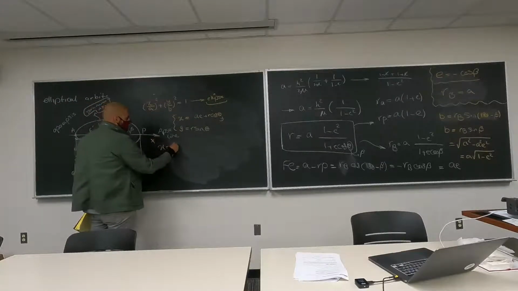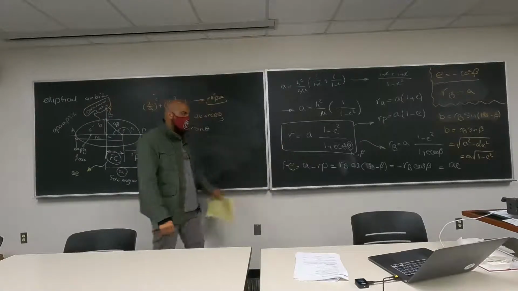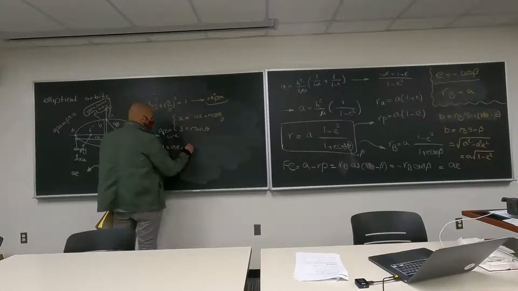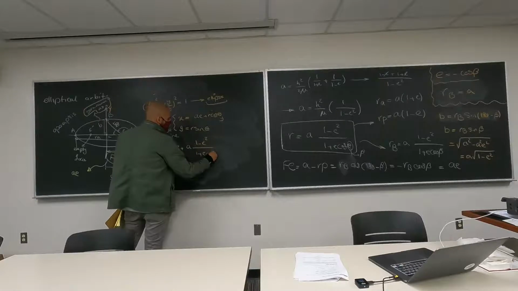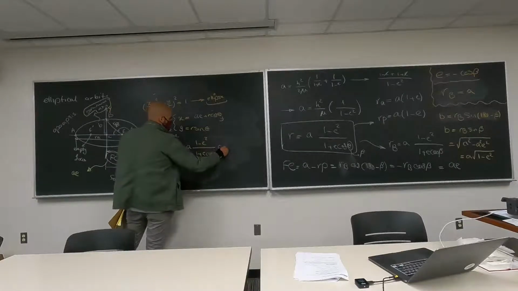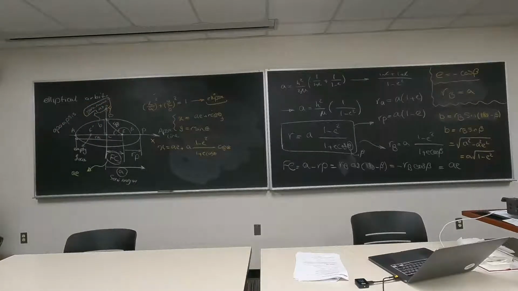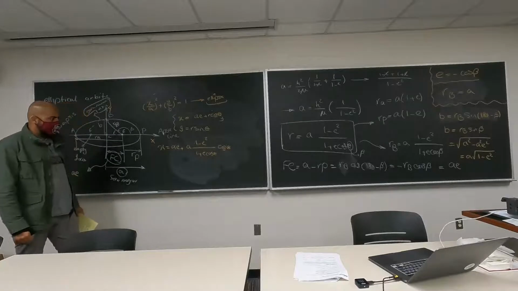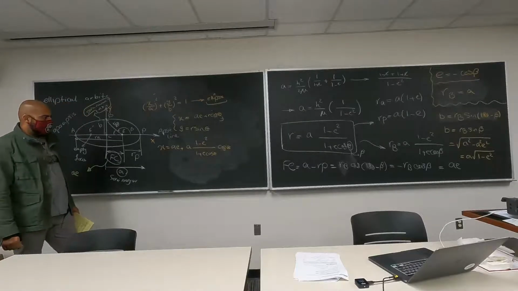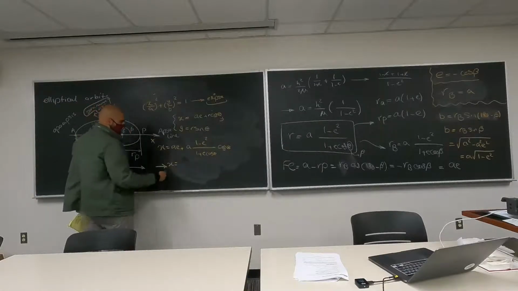And let's use these two to see what we can get. x is AE plus r, and what was the orbital equation as a function of the semi-major axis? A(1 minus E squared) divided by (1 plus E cosine of theta), times cosine of theta, right? We can actually combine these two terms to get this.